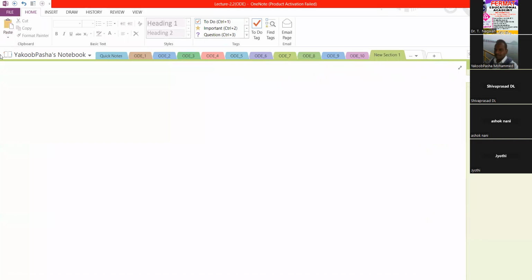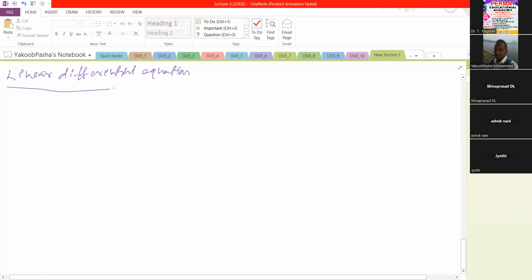Now I am taking another topic, that is linear differential equation. A differential equation is said to be linear in which the dependent variables and all its derivatives occur in first degree.